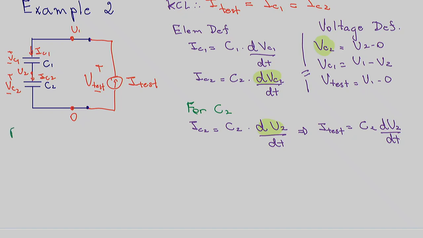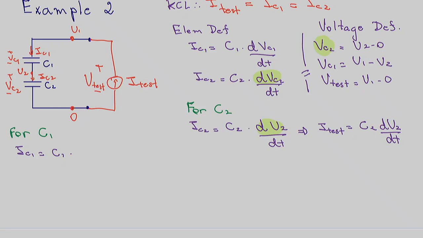Let me put C1 here underneath the diagram for C1. For C1, we know that the current IC1 equals C1 times dVC1 dt. But wait, because we know the relationship between VC1 and potentials.